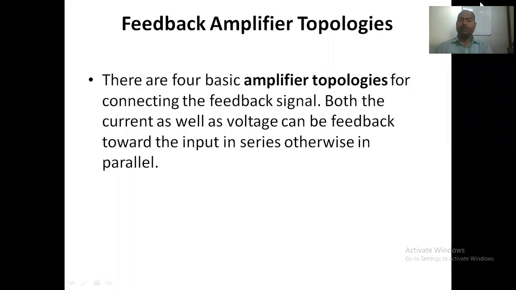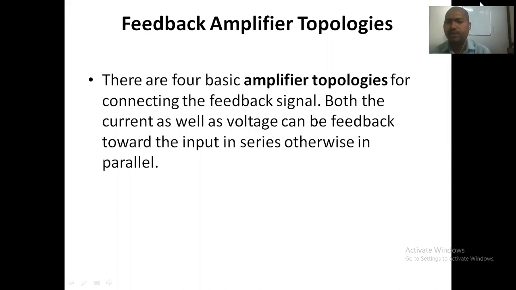Feedback amplifier topology. Now, what do you mean by topology? We have to see that first. We know that there are different feedbacks, and feedback also has two types, positive and negative.